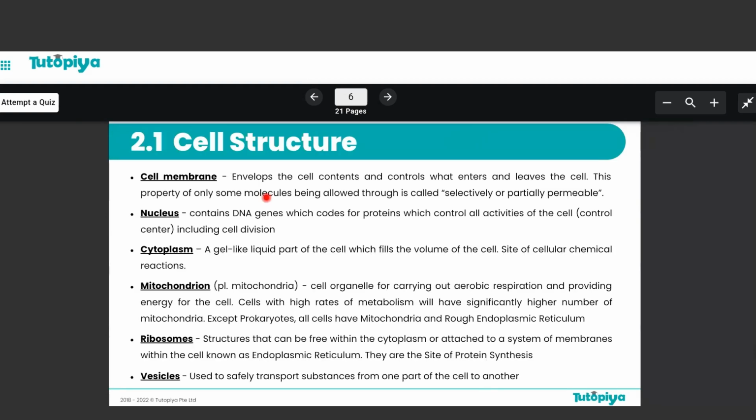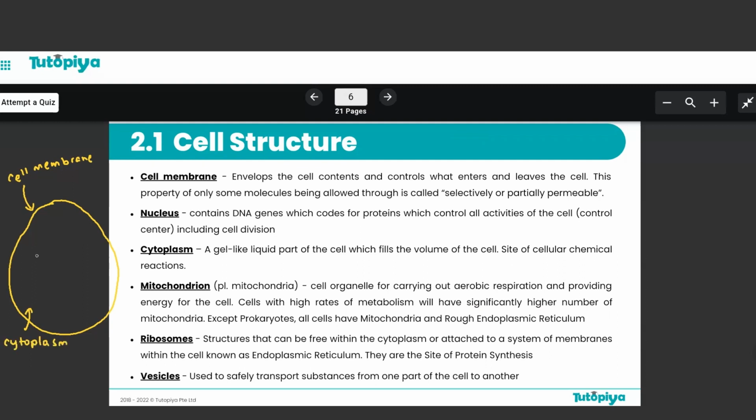So I'm going to make a quick drawing over here of an animal cell. Like we saw in the previous slide, the animal cell is covered by a cell membrane. And then within the animal cell, there is a gel-like substance that fills it up, which is called the cytoplasm.